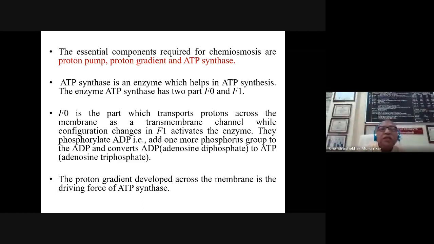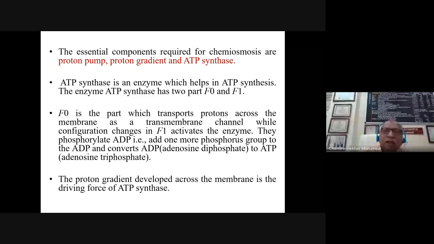The ATP synthase is an enzyme which helps in ATP synthesis, and the enzyme, as I told you, has two parts, F0 and F1. The F0 is the part which transports the protons across the membrane as a transmembrane channel or canal, while the configuration changes in the F1 activate the enzyme.